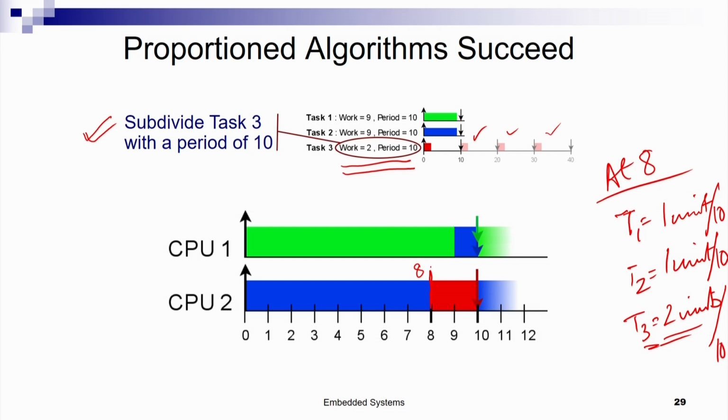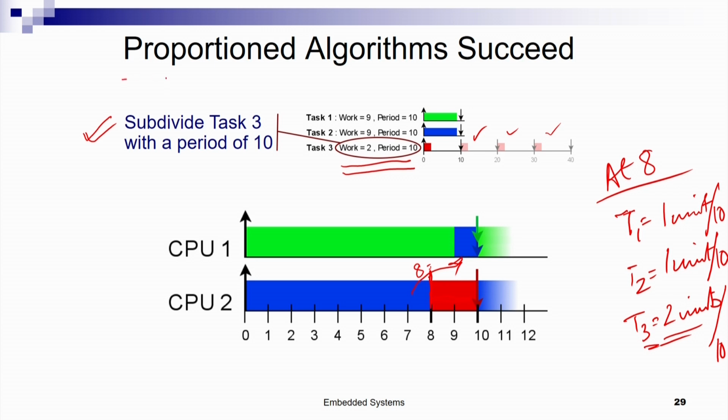So, in this sense T3 becomes more important than T1 and T2 at 8, and hence T2 is preempted and T3 is allowed to execute onto CPU 2. And then you have 1 unit of work remaining which can be executed in CPU 1 after T1 completes its execution at 9 by incurring this migration.